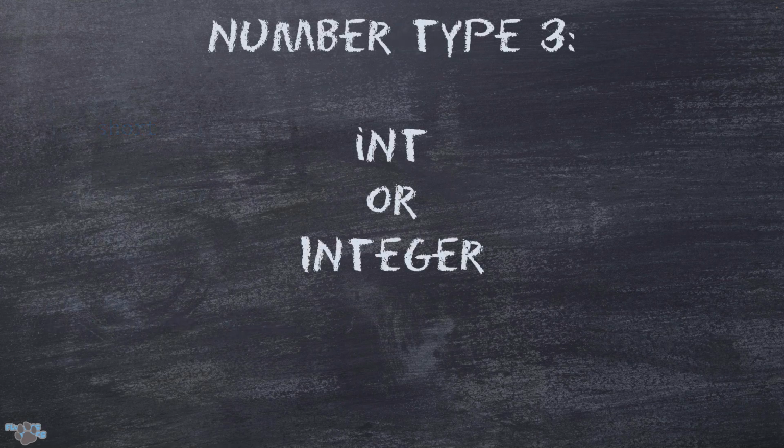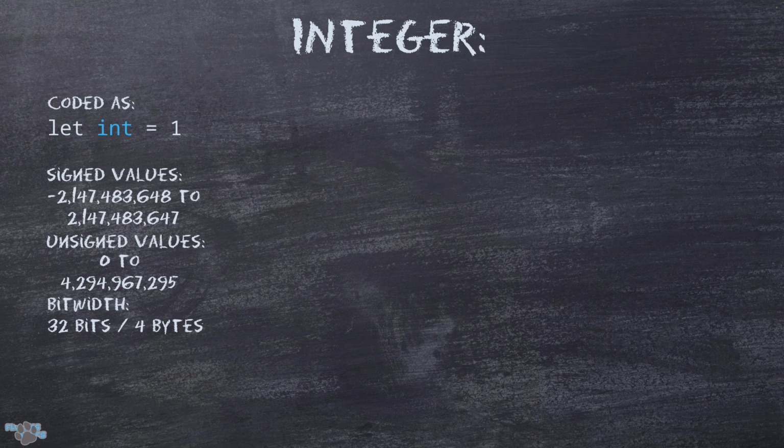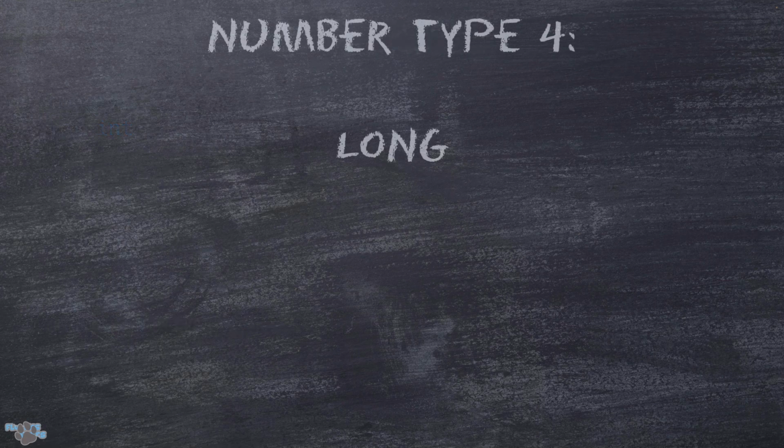Moving on, we have the int, short for integer type. Here, we can see the int type can store values of either negative 2.14 billion to 2.14 billion, or 0 to 4.29 billion. This uses a bit width of 32 bits or 4 bytes. And finally, we have the long type.